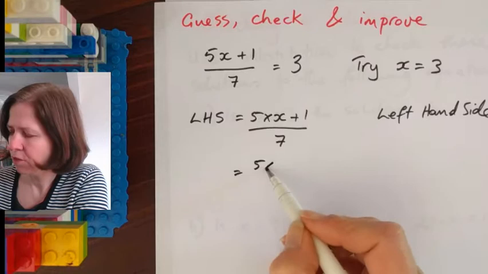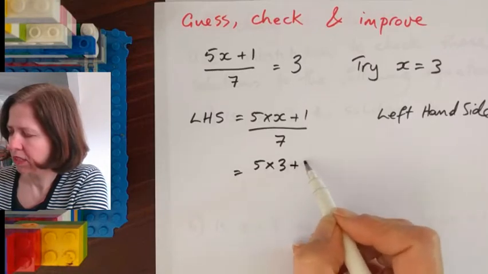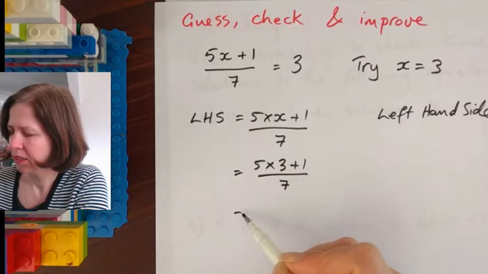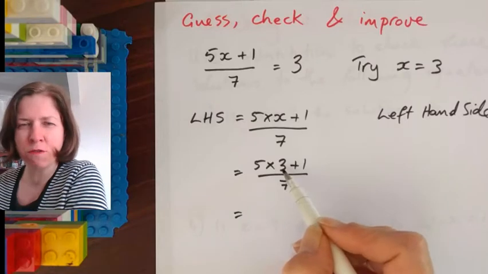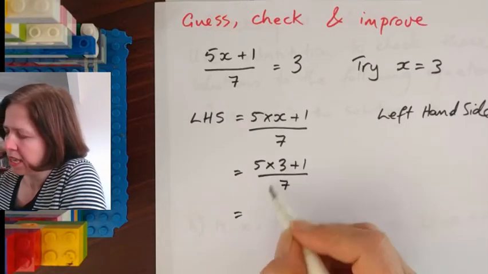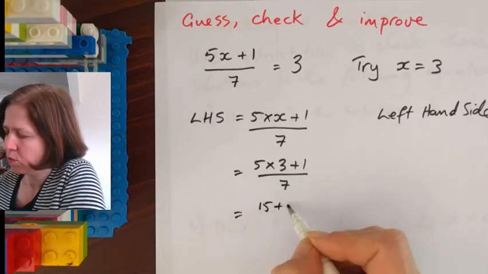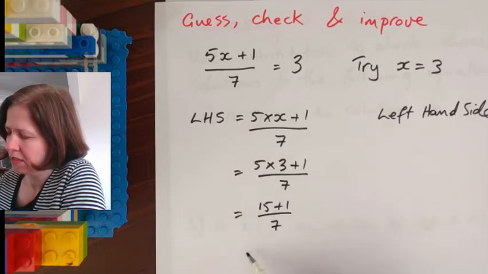So that's 5 times 3 plus 1 divided by 7. The 5 times 3 I have to do first. That gives me 15 plus 1 divided by 7. That's going to give me 16 over 7.